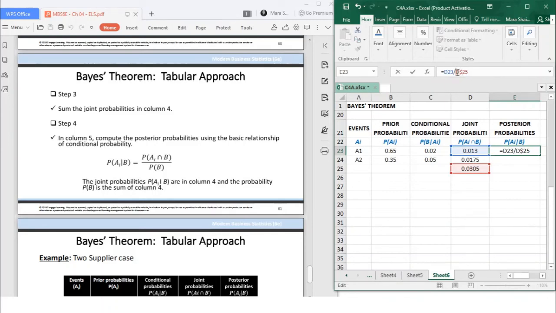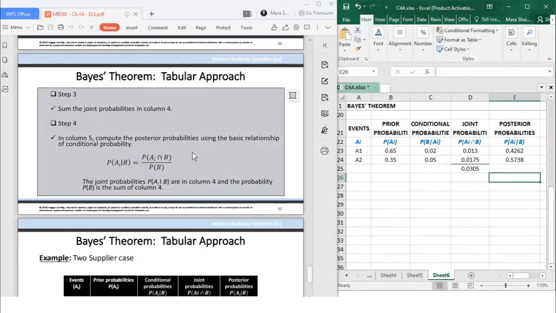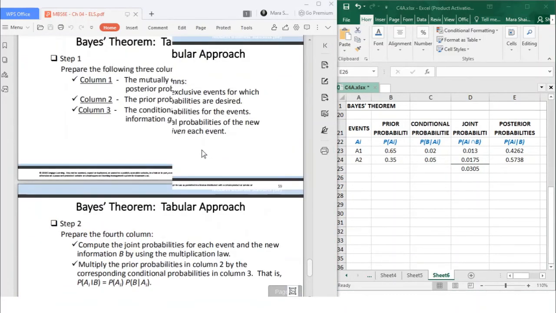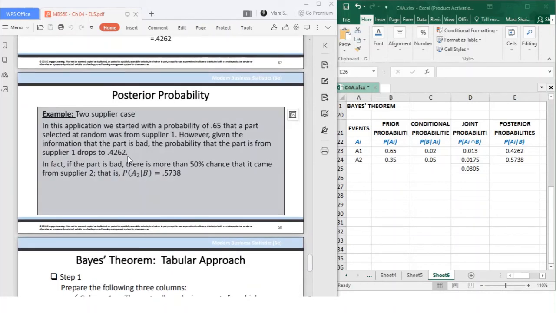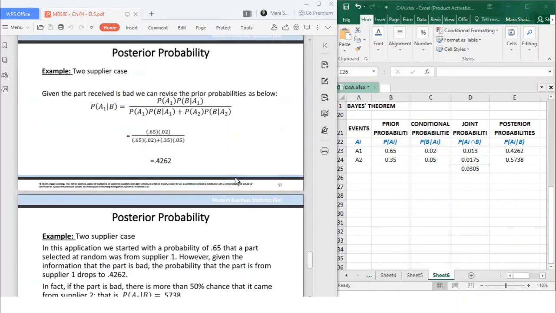So that is here 0, and the other one is 57.38. If we look here, we go back. See? It's the same answer: 42.62% and 57.38%. So don't be intimidated by this.